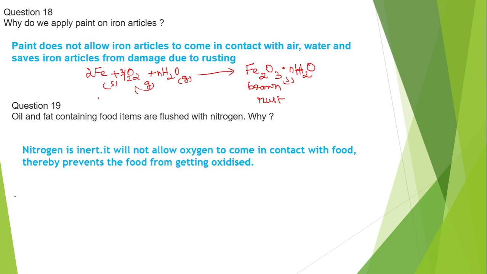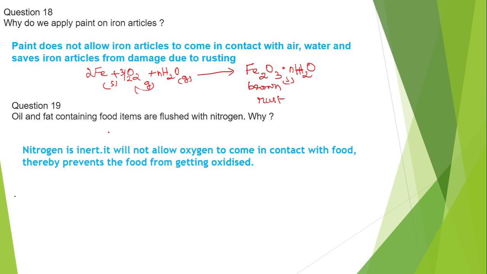Now next is, oil and fat containing food items are flushed with nitrogen. Why? We know already, oil and fat containing food, if it is kept for a long time, what happens? It will undergo slow oxidation and its smell and taste change. There will appear bad smell and taste. That we say the food has become rancid.